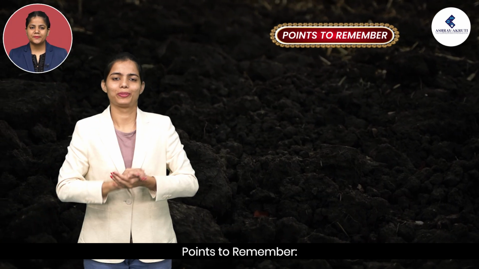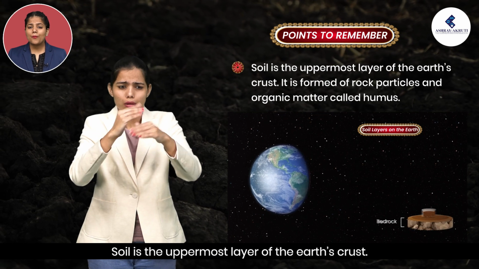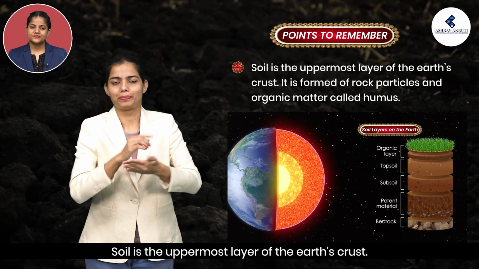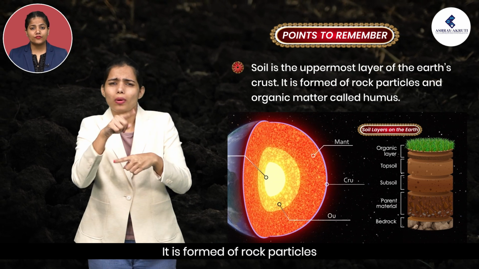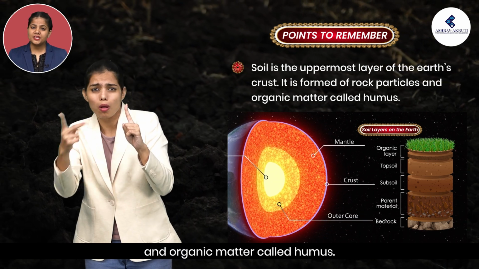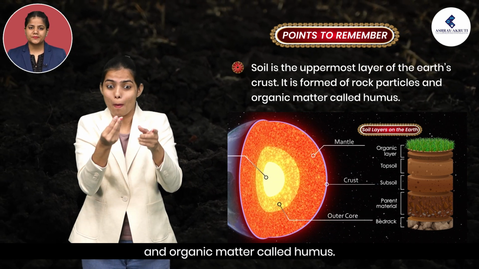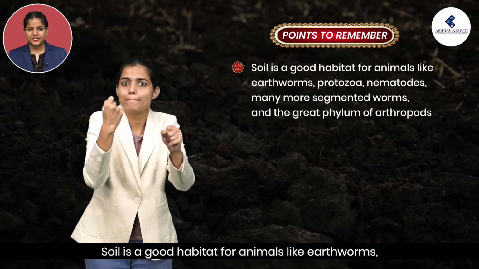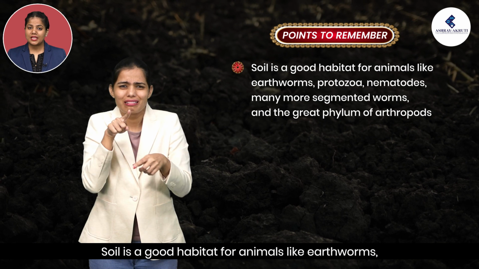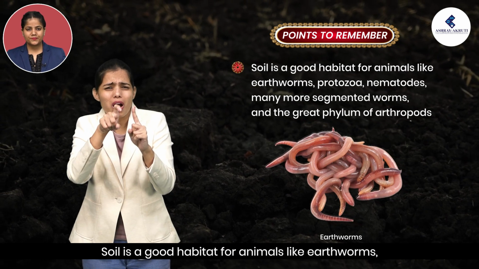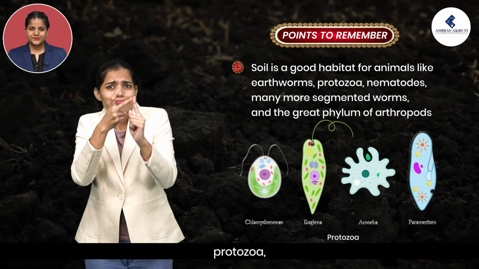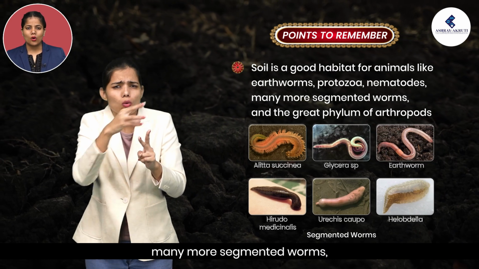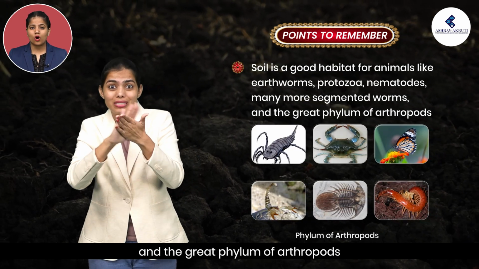points to remember. Soil is the uppermost layer of the earth crust. It is formed of rock particles and organic matter called humus. Soil is a good habitat for animals like earthworms, protozoa, nematodes, many more segmented worms, and the great phylum of arthropods.